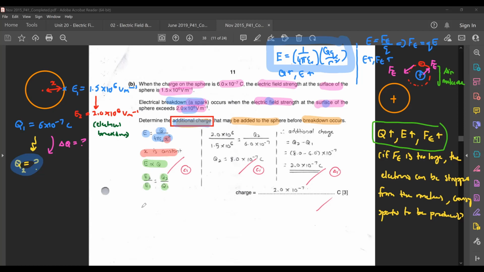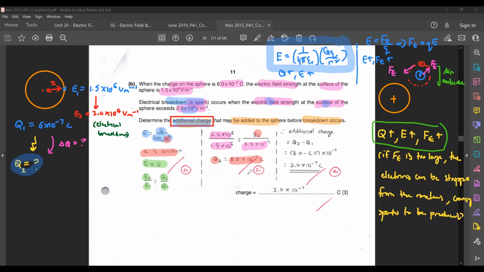You know the field strength values, you know the charge values. You just substitute in: 2 times 10 power 6 divided by 1.5 times 10 power 6 equals Q2 over 6 times 10 power minus 7. Then you can eventually find out what is your Q2.